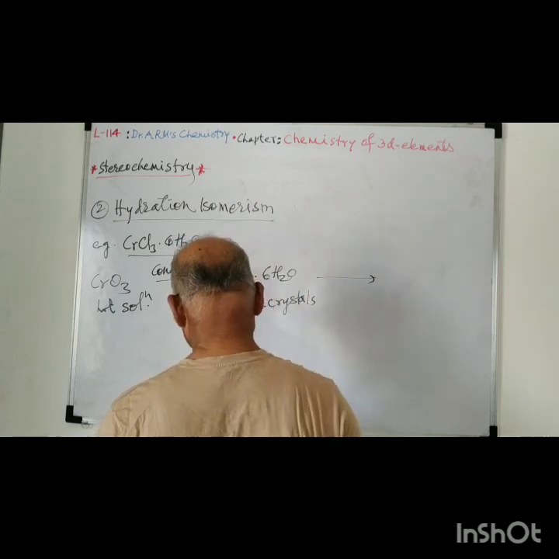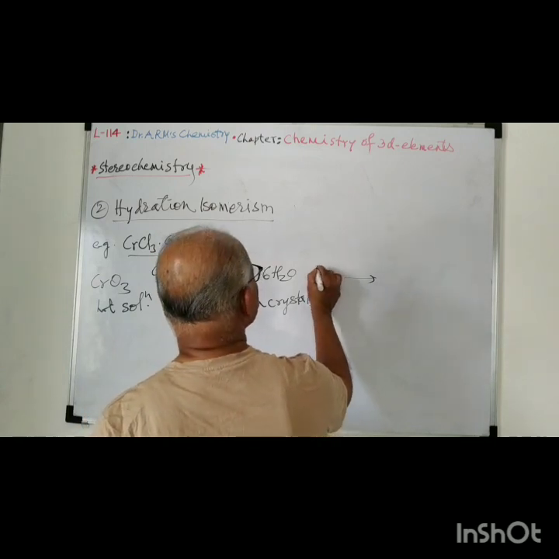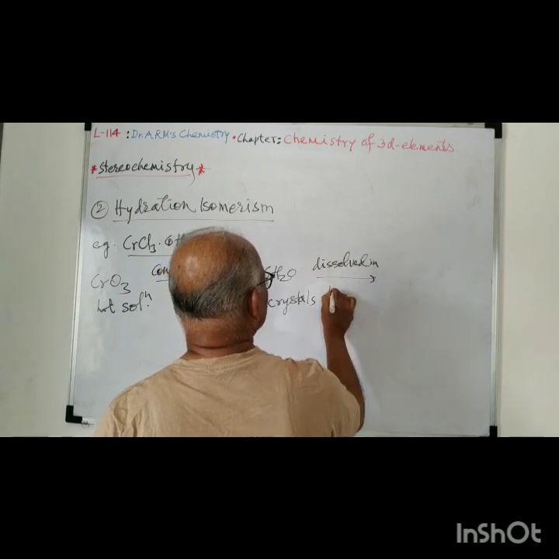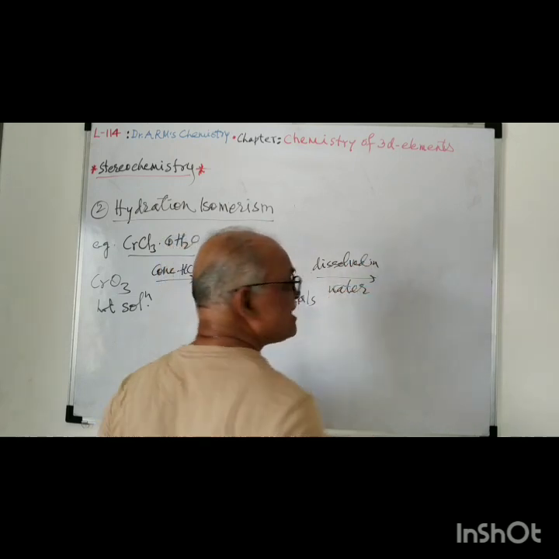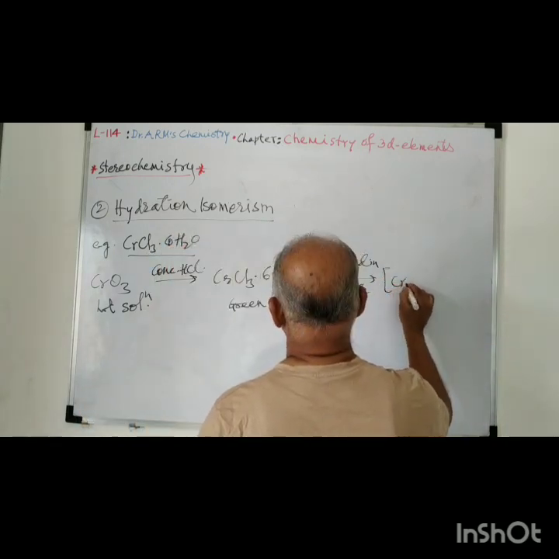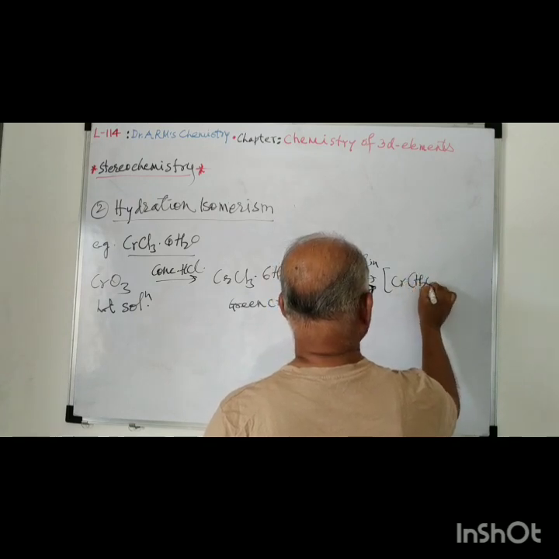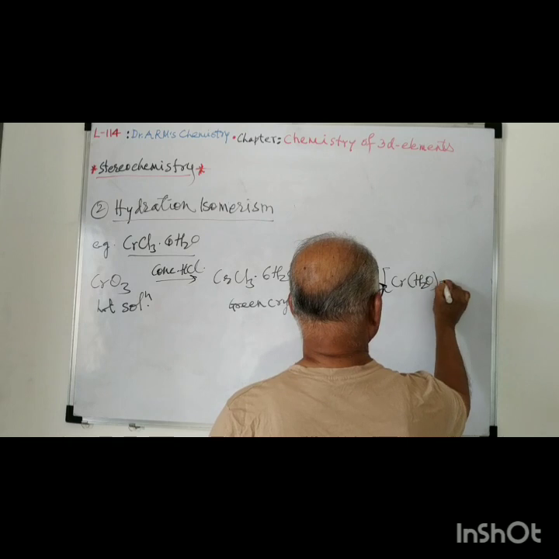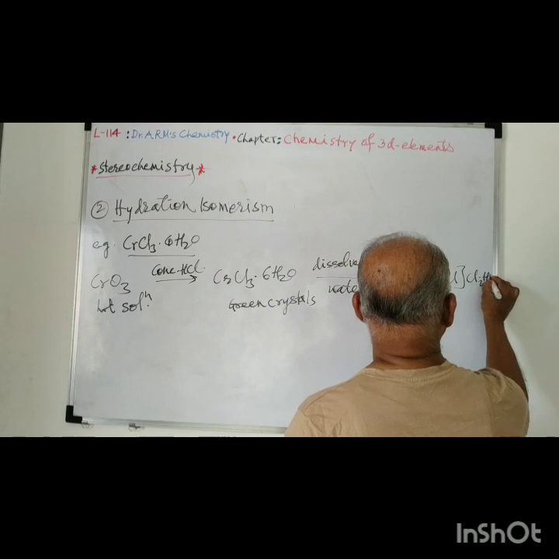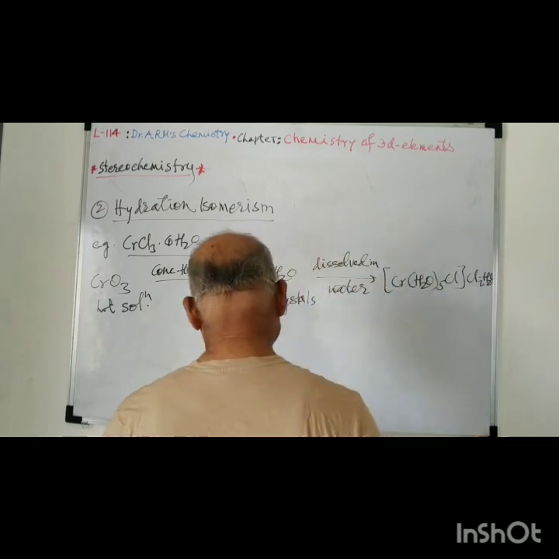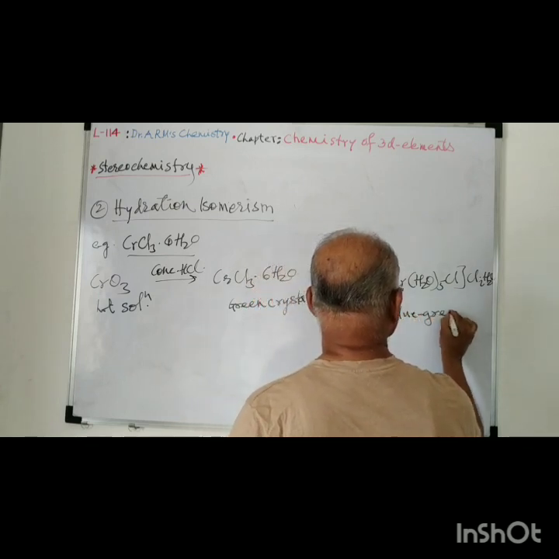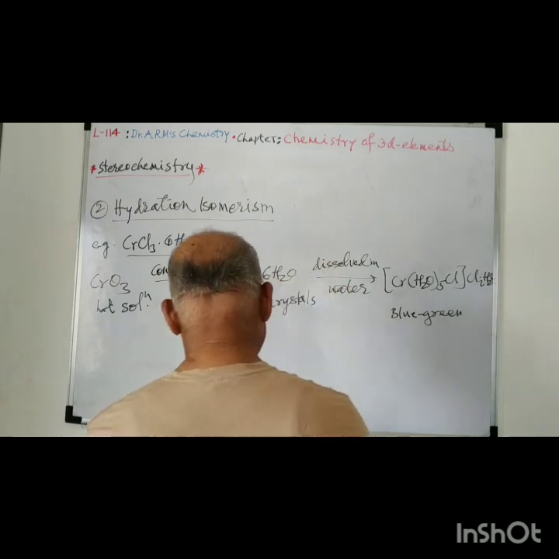When these green crystals are dissolved in water, it gives the complex in this way: [Cr(H2O)5Cl]Cl2·H2O, with water of crystallization, and this is a blue-green colored complex.